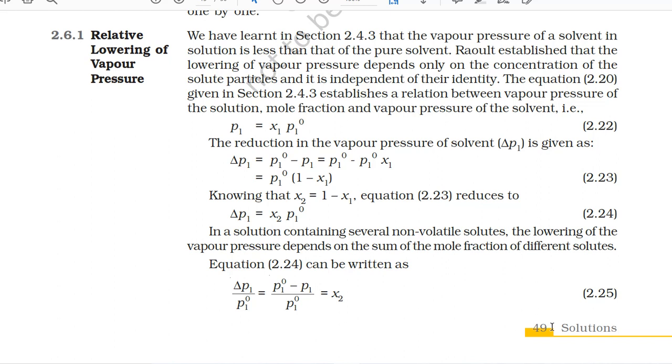The equation 2.20 given in section 2.4.3 establishes a relation between vapor pressure of the solution, mole fraction, and vapor pressure of the solvent. That is, P1 = X1 P01.